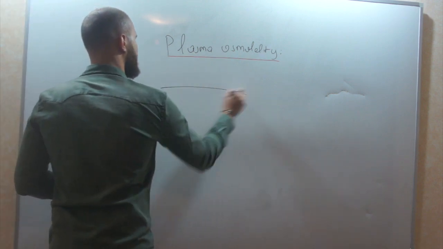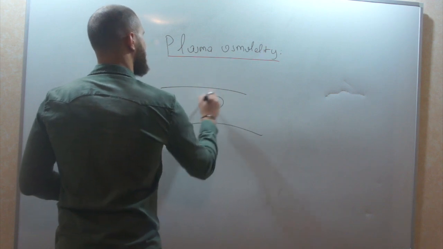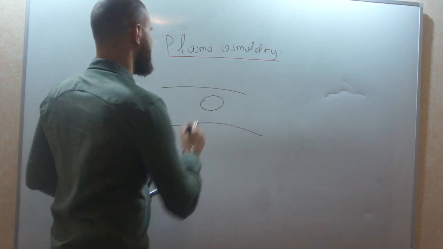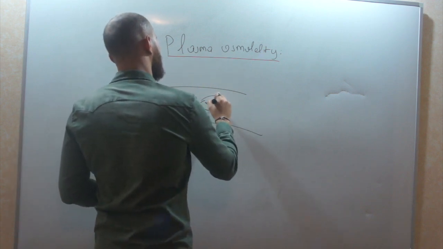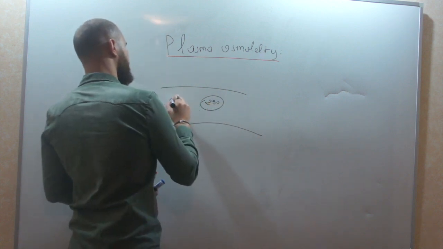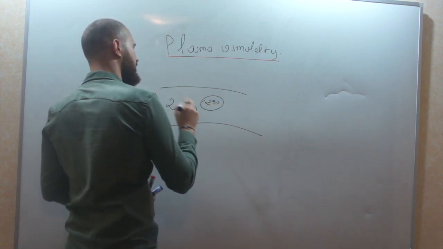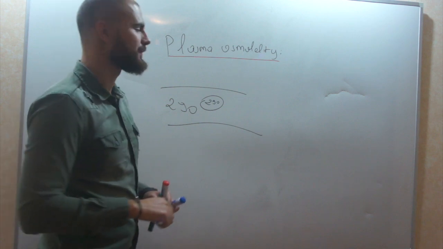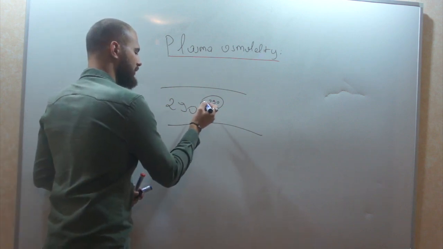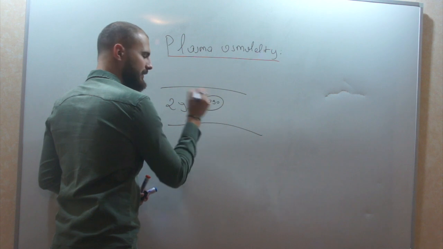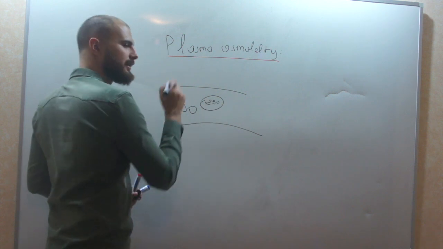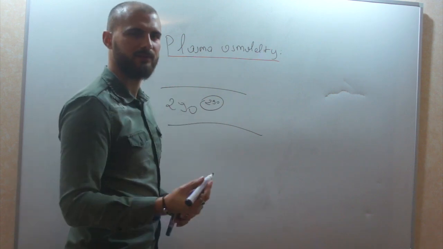You have the blood, and you have the red blood cells. The red blood cells have an osmolality of 290, and the blood has an osmolality of 292. So the blood and the red blood cells are isotonic.